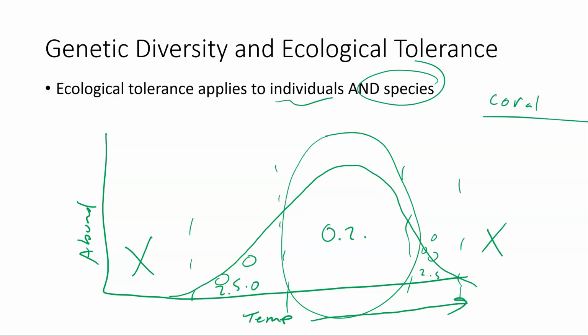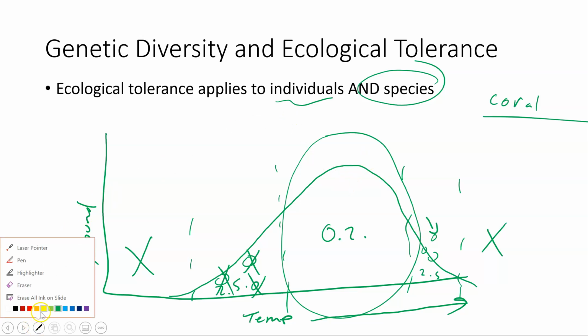Now, what's going to happen is if that water heats up, we're going to start selecting against those corals that tolerate the lower end of that spectrum, and we're going to start selecting for those corals that tend to tolerate the higher end of that spectrum. All right. Now, if that temperature change is slow enough, right, we're going to start changing the overall genetic makeup of that coral population.